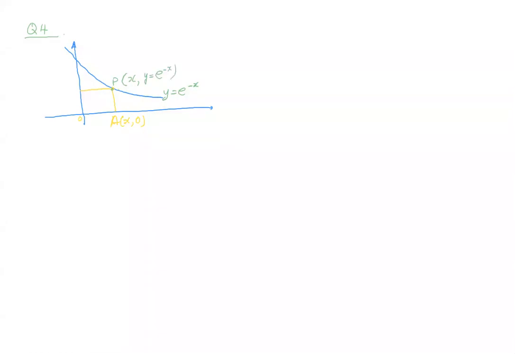Which means that this rectangle, the length is x, the height will be the y coordinate here, which is e to the power negative x.